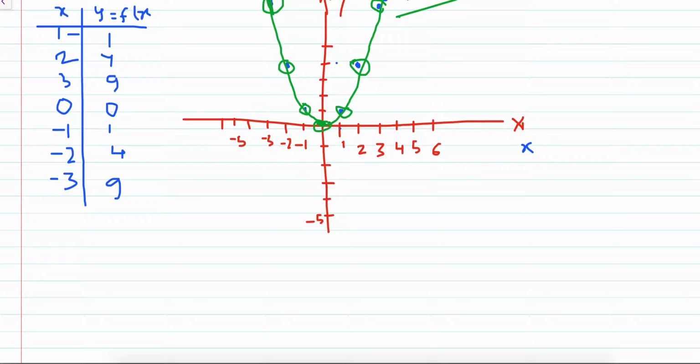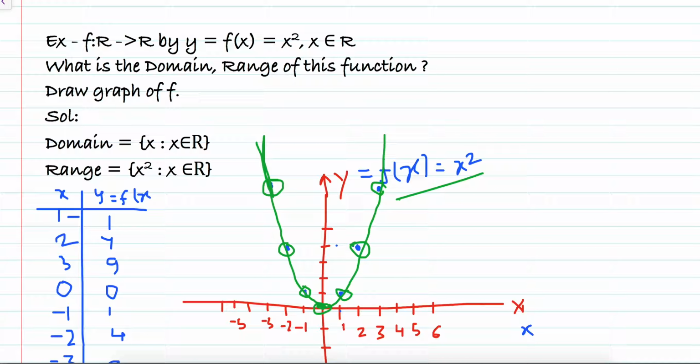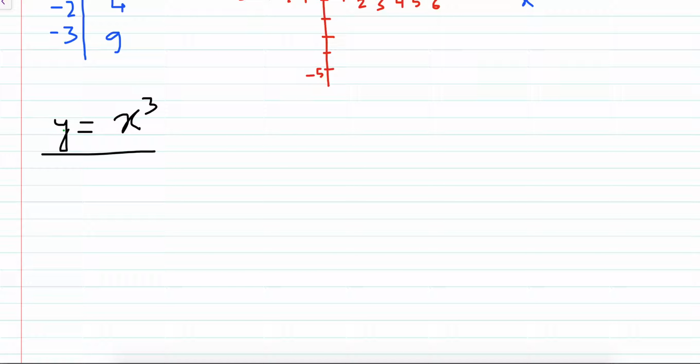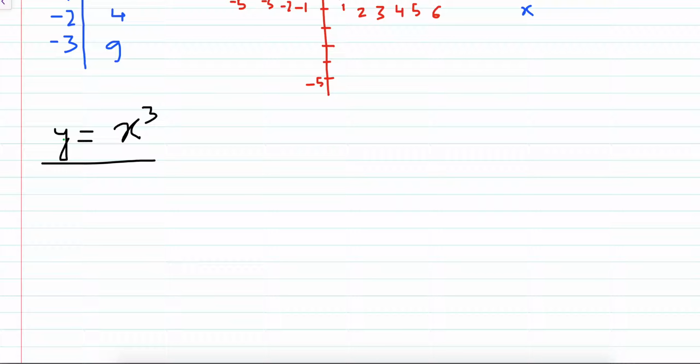So similarly, instead of x square, we were given y is equal to x cube, where x is a real number. Then how would we draw the graph of this function? So again, we will draw the table.